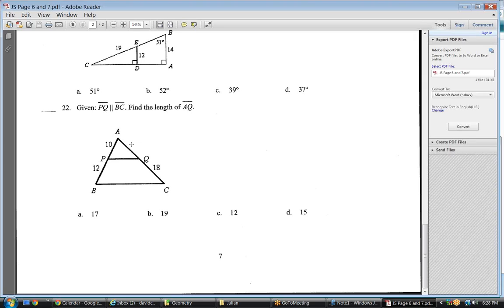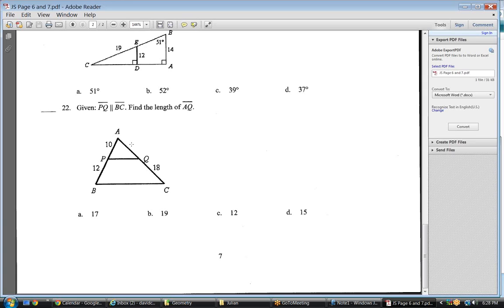Turns out that either of those ratios works. But that's not really the way you should look at it. What should x be compared to? 10. Right. So it really should be x over 10 is equal to what? 18 over 12.